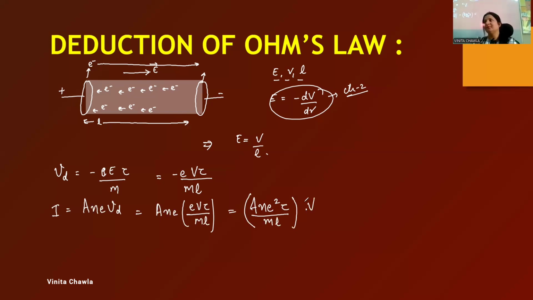Define Ohm's law properly, completely. I is directly proportional to V. This we had discussed yesterday. And one more thing, at constant temperature. भूलना नहीं, constant temperature को तो बिल्कुल नहीं भूलना.